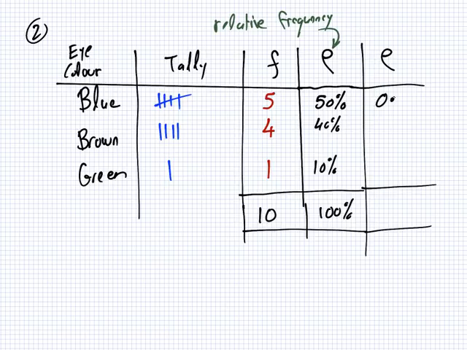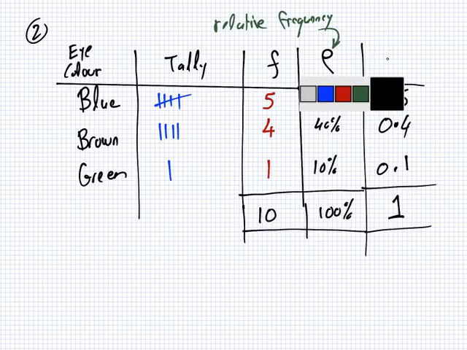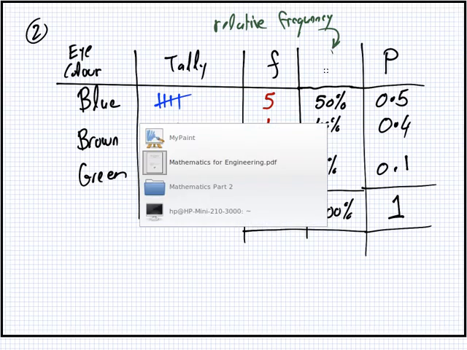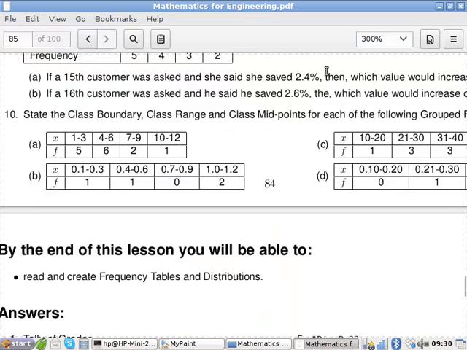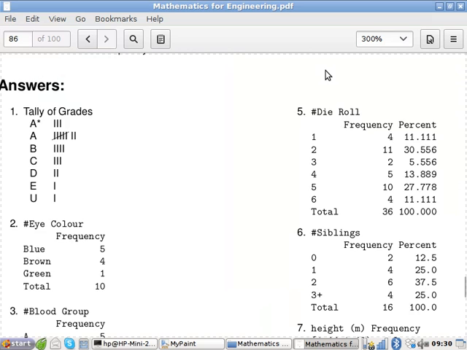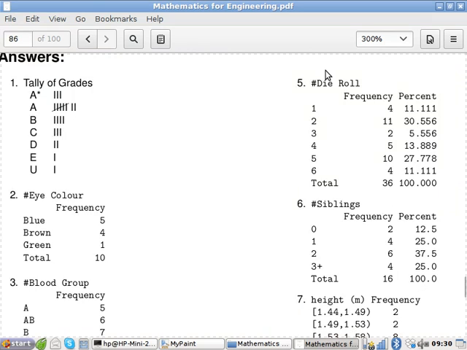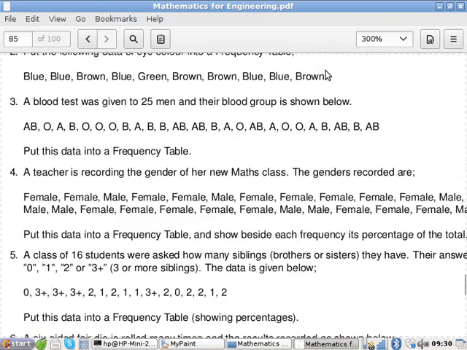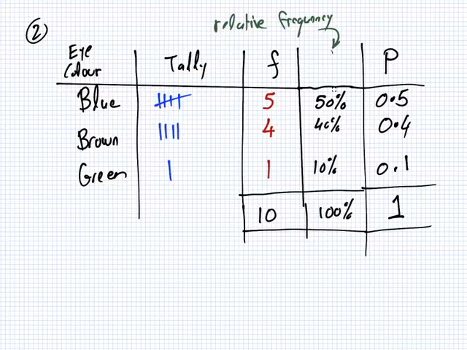So 50% is 0.5, 40% is 0.4, and 10% is 0.1, and the total here will be 1. So I'll just put that as a different letter, even though it's the same thing. I'll put it as a P or something. And relative frequency, what letter will I use? What did I use here? I didn't. I just wrote the word percent. Okay, well that will do. Percent.